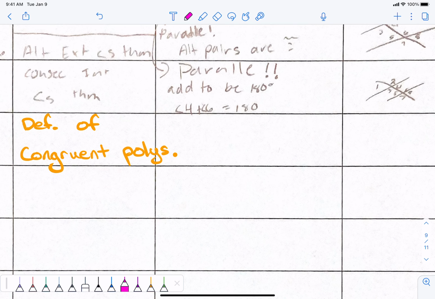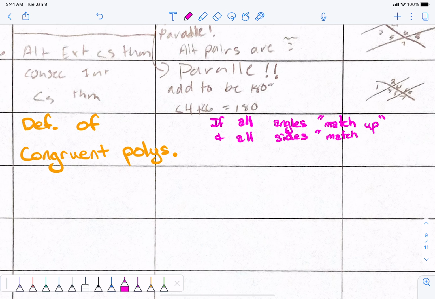All right. Here's the example. Okay. So it will say if all angles match up, and all sides match up, the two figures are congruent.